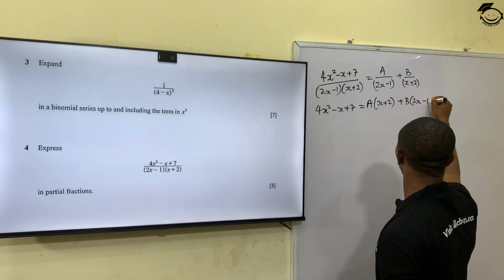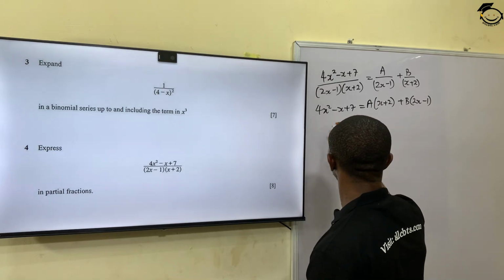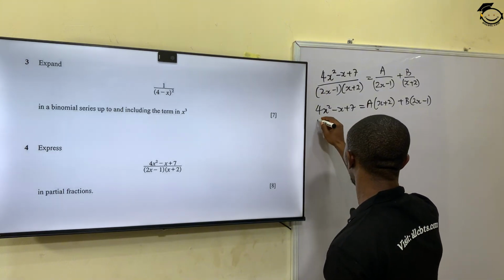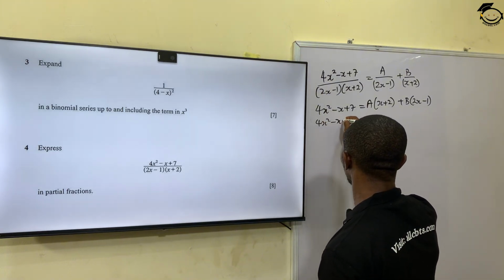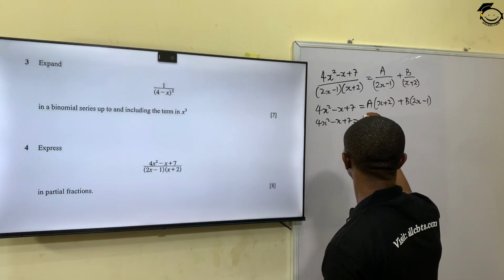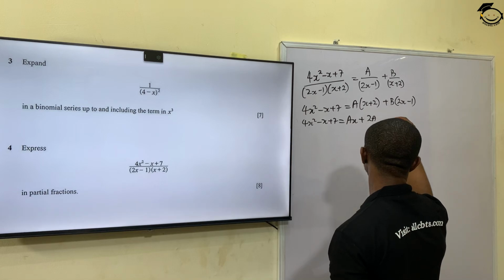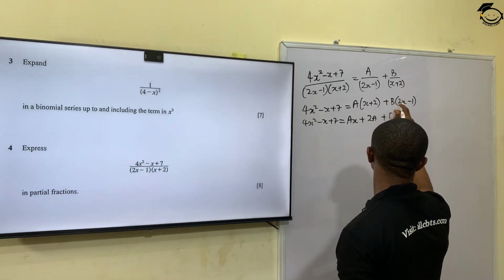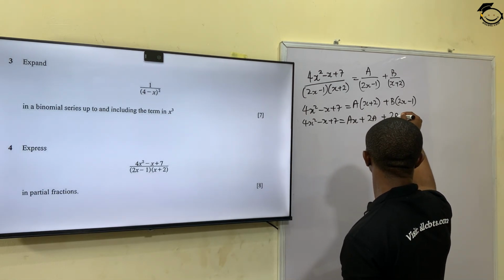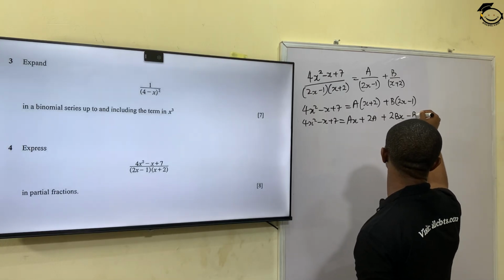All right, opening this up would give us 4x squared minus x plus 7 equals ax plus 2a plus 2bx minus b.